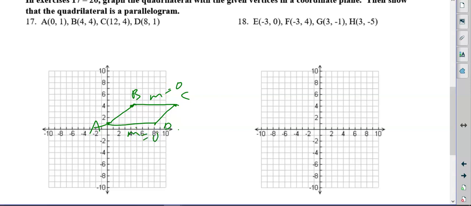And then if we just count, 0 to 8 means AD is 8, and BC, 12 minus 4 is 8. This side is equal and it's parallel, therefore it is a parallelogram.